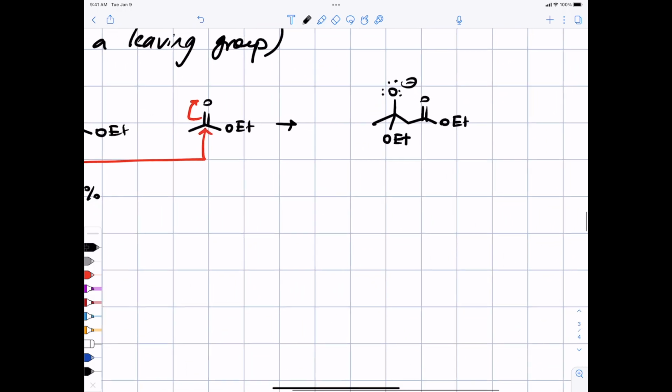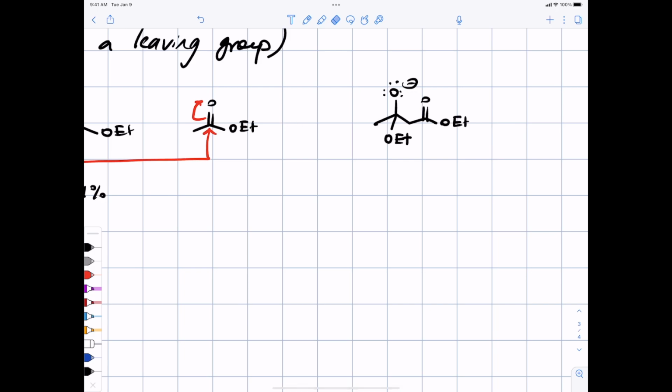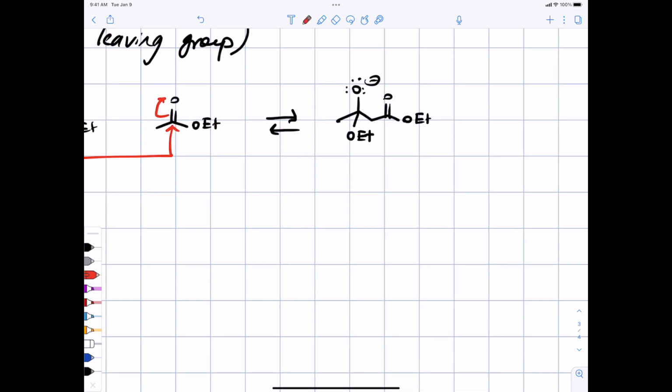And now we're going to do what we did at the beginning of the semester, which is ask what happens to the tetrahedral intermediate. If these electrons kicked down, they could kick back off the enolate, and that would simply be the backwards step. The Claisen reaction, like the aldol reaction, is an equilibrium reaction.